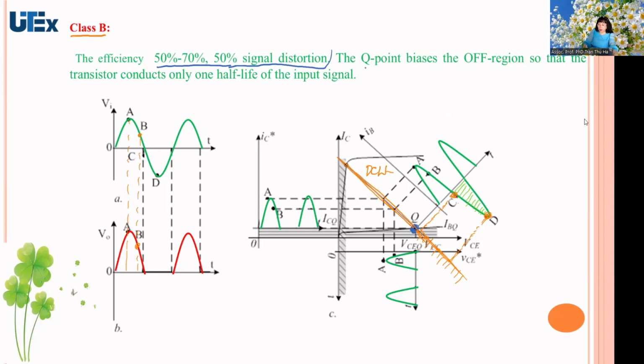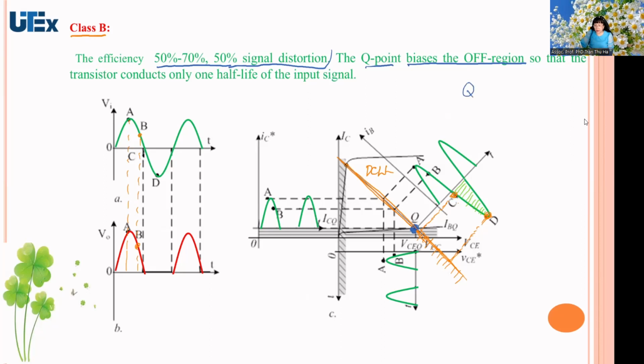And remember the biasing in the off region, please, not only for your textbook, because this definition is usually used in multiple choice questions.